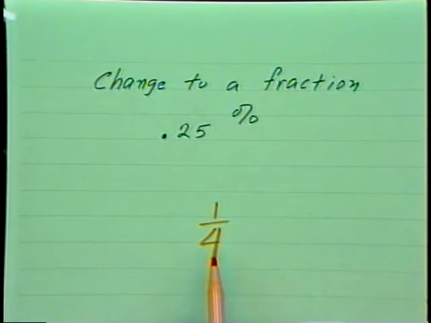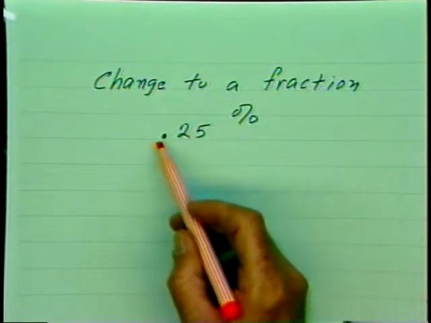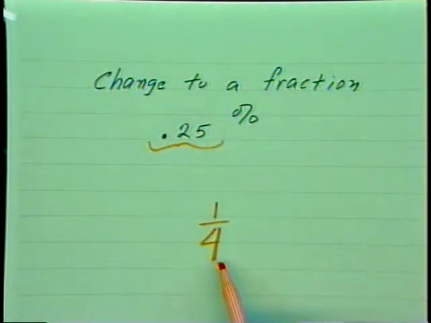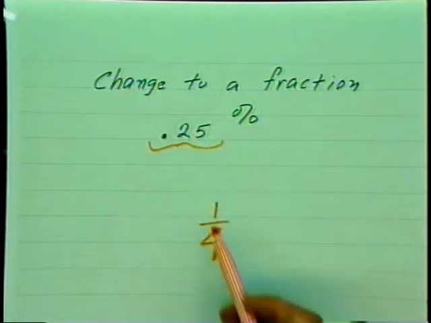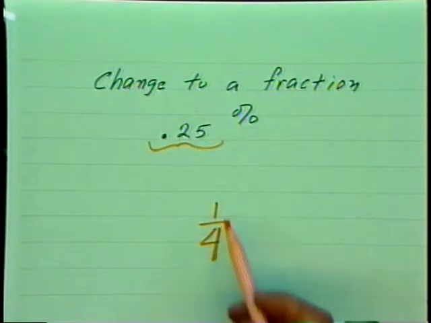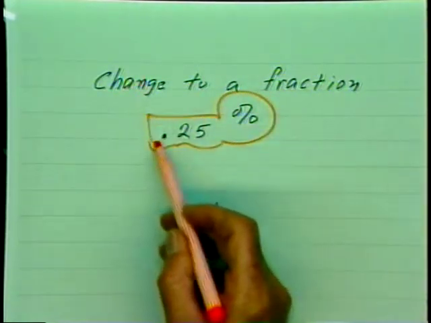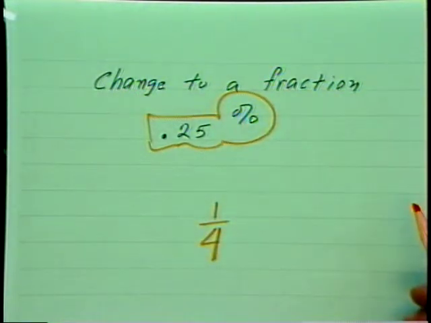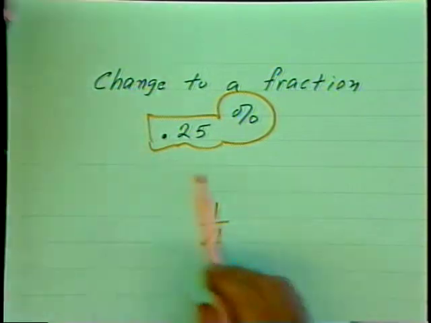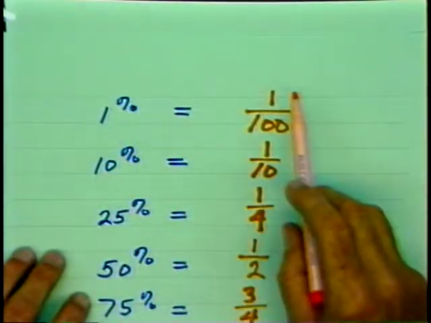If you point out that's wrong, the student would probably say, are you meaning to tell me that 0.25 is not 1/4? Indeed, 0.25 is 1/4. But I don't have 0.25, I have 0.25%, and you must take that into account. And remember, 1% is 100th.